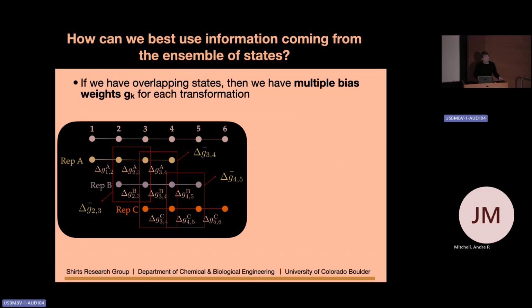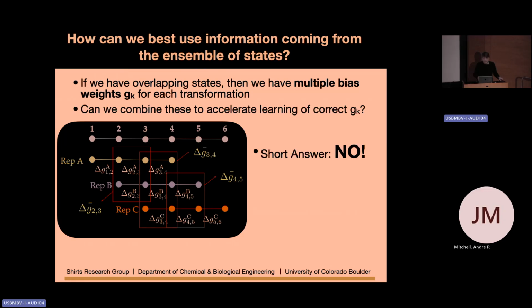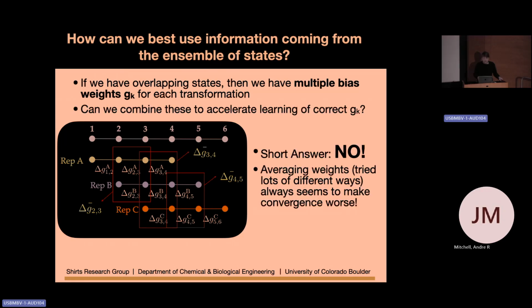Maybe averaging it or whatever, but it turns out that the short answer is no. Averaging weights between these and adaptively combining them always seems to make it worse. I won't go into all the details there. There's some very subtle stuff going on, but there are some things that might seem obvious to do that won't work. Actually, the simplest thing is you just let each of them have their own weight and then combine at the end.